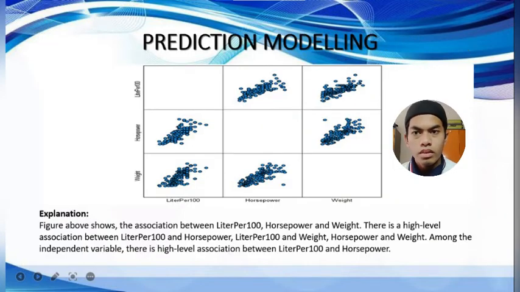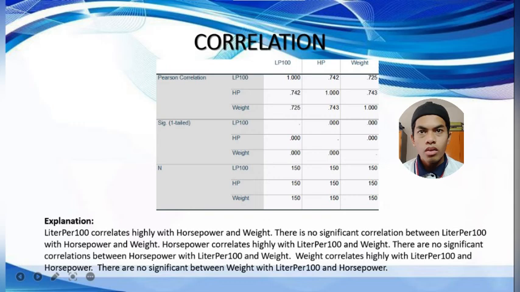Prediction modeling. Explanation. The figure above shows the association between liter per 100, horsepower and weight. There is a high level of association between liter per 100 and horsepower, liter per 100 and weight, and horsepower and weight. Among the independent variables, there is a high level of association between liter per 100 and horsepower. Correlation. Explanation. Liter per 100 correlates highly with horsepower and weight.